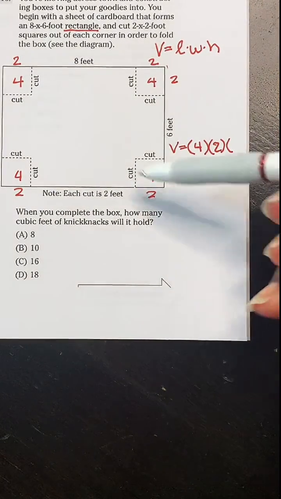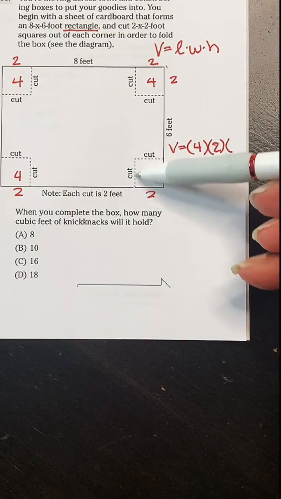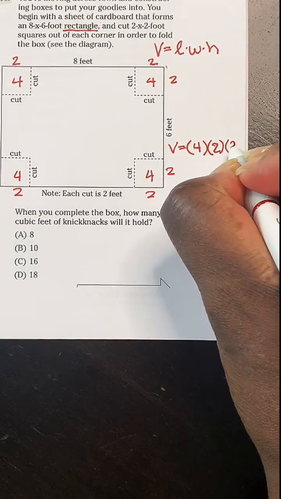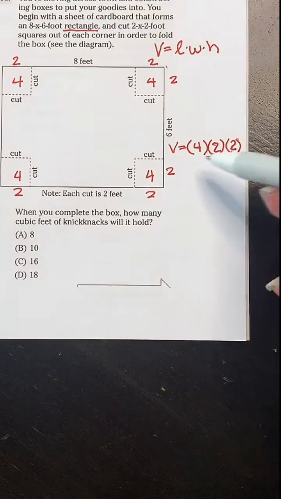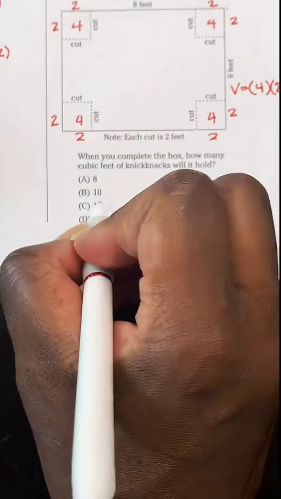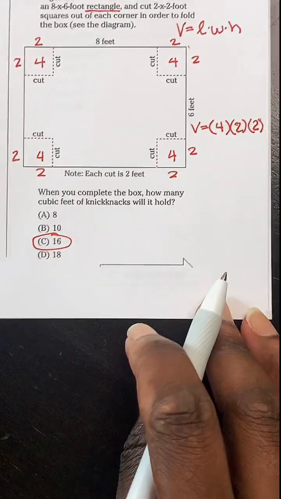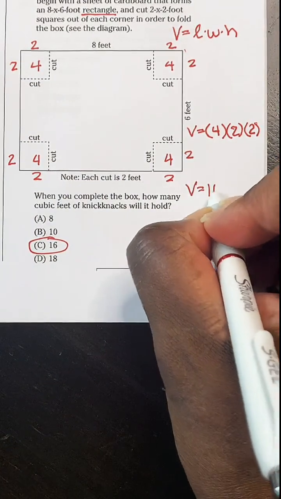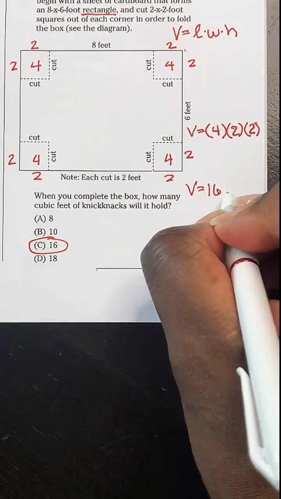If I fold it, it's going to be this high. And that high, we already said, is going to be 2. So 4 times 2 gives me 8. 8 times 2 gives me 16. Okay, so our volume is going to be 16 cubic feet.